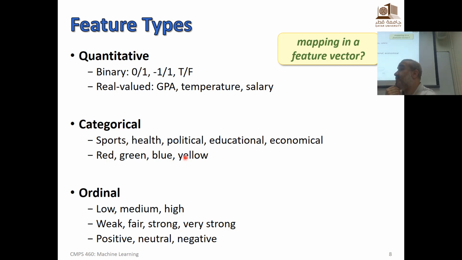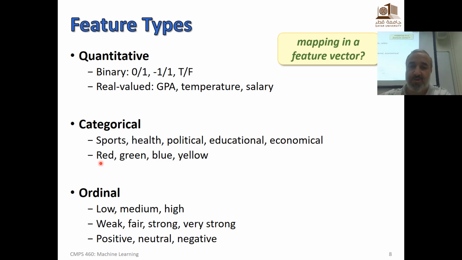For example, if red was 1 and blue was 4, you're giving blue more value than red. Exactly. It's like we are ordering them, but they are actually not ordered. If we give green 2 and red 1, the algorithm will assume that this is double the value of the other one, right? So it might affect, of course, the model, the learning itself.